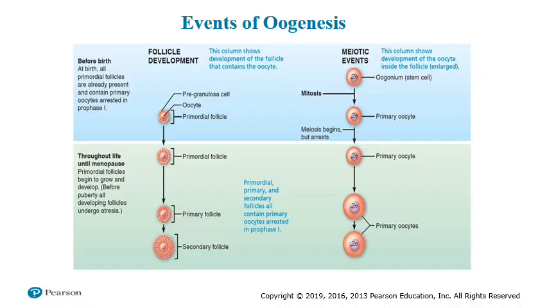The primary oocyte would reside inside the primordial follicle and the primary follicle for years, suspended in prophase 1, and will continue on with meiosis 1 during puberty. The primary oocyte now will move on into meiosis 1 and would eventually become a secondary oocyte.